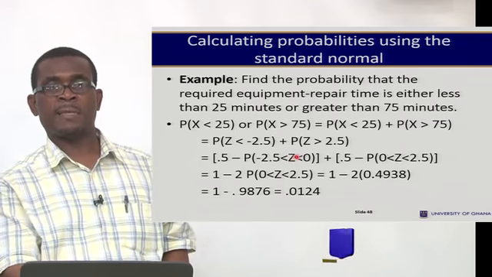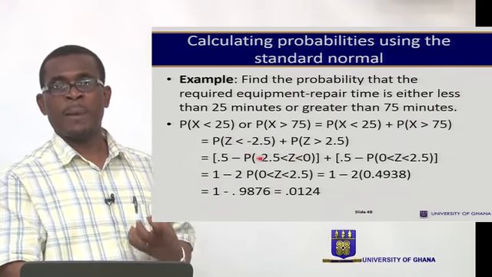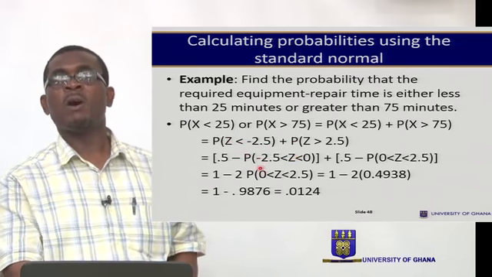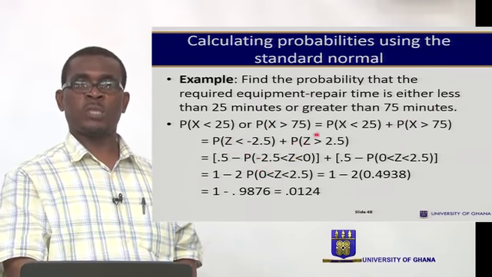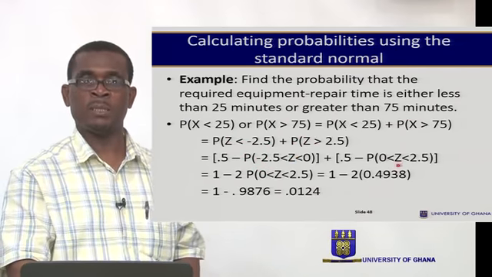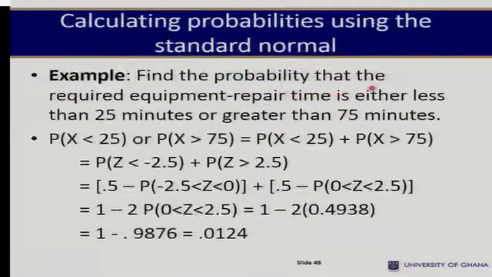This is yet another example. So once you understand the basics, irrespective of how the question is twisted, you can always calculate the probability. This one is to find the probability that the required equipment repair time is either less than 25 minutes or greater than 75. So it's still the OR rule, so addition. It's less than 25 or greater than 75. Because these are mutually exclusive, you add them, right?